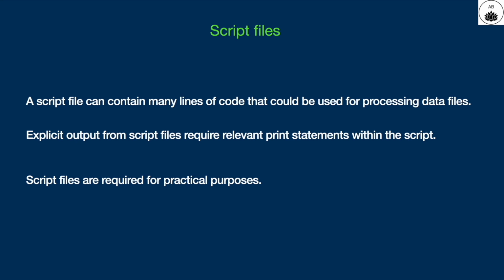However, when I added a print just before 6 plus 9, that actually churned out 15 on the screen. So when you have many blocks of code within a script, adding a print statement at relevant places for useful outputs is extremely important, which we will deal with in future videos.